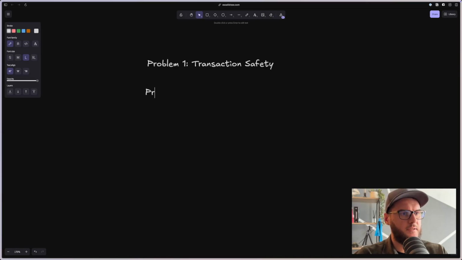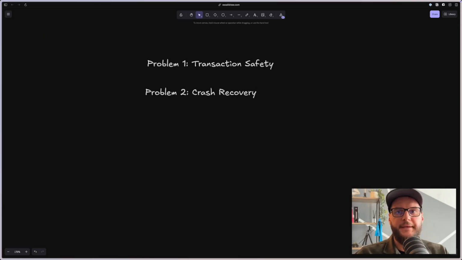The second problem is crash recovery. Imagine if we crash in the middle of a transaction that is touching multiple pages. We cannot recover safely in that situation because we don't know what the operating system flushed and what not. The database engine needs to know what is durable on the disk and what was lost in memory during the crash. Okay.